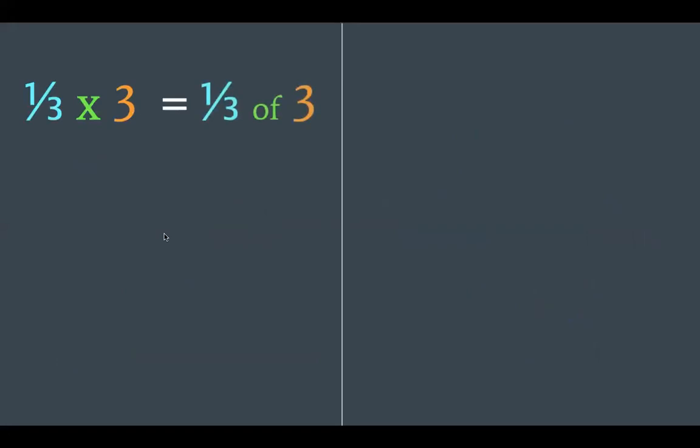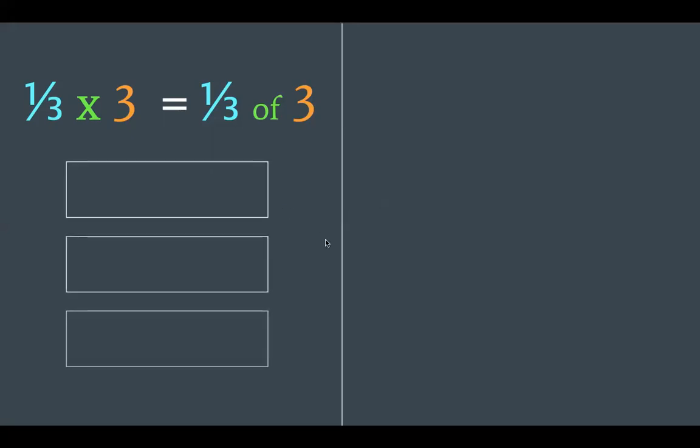If you said "of," you are correct. So we want to think of it as 1/3 of 3. We're taking a part of the whole number. So first, when we think about it, 3 is going to be what we start with because we're taking a part of the whole. So we want to start with 3 whole rectangles. But now we need to look at that numerator.